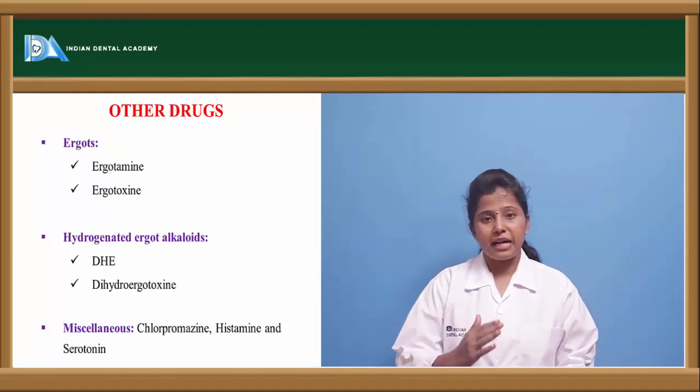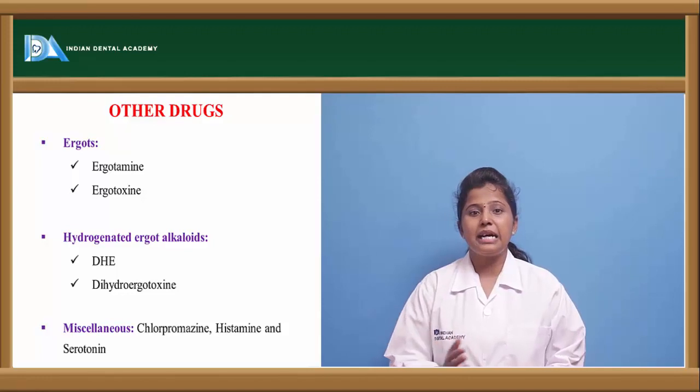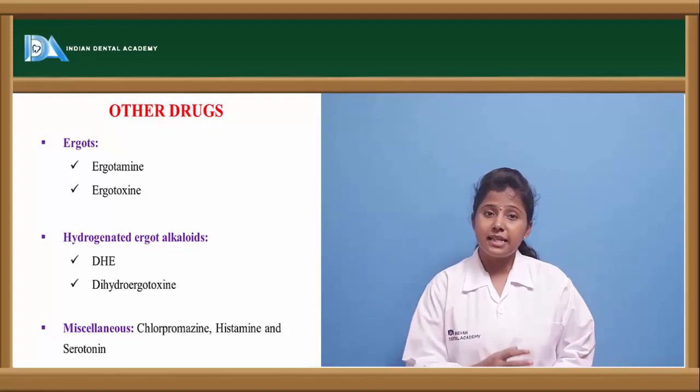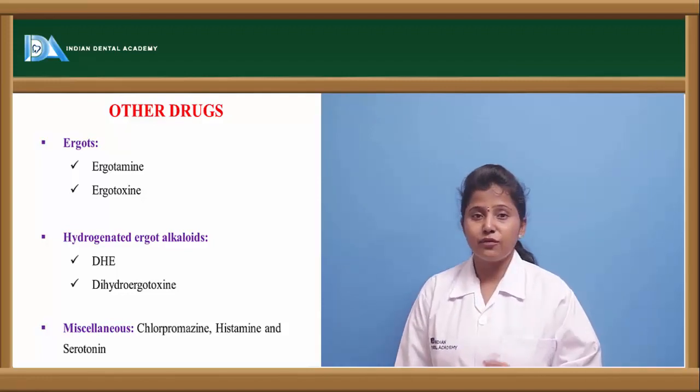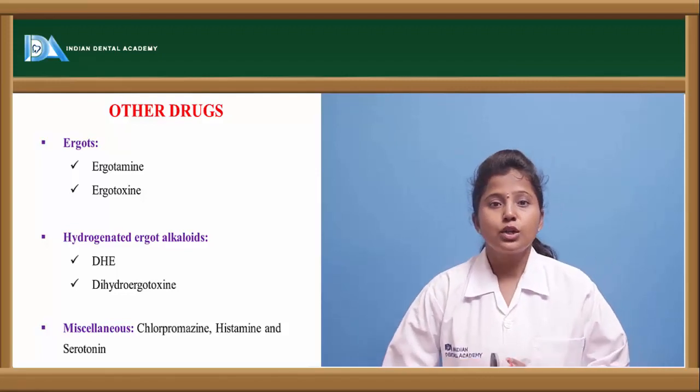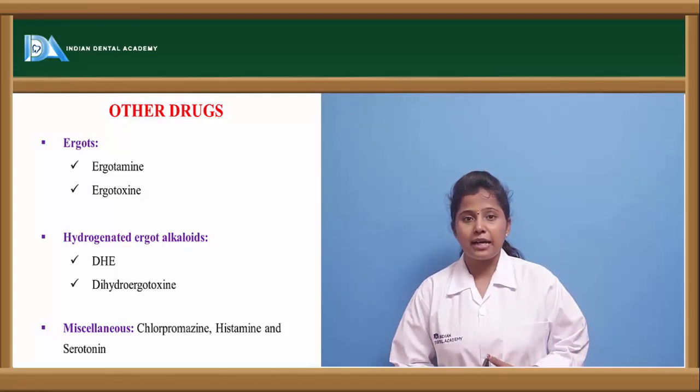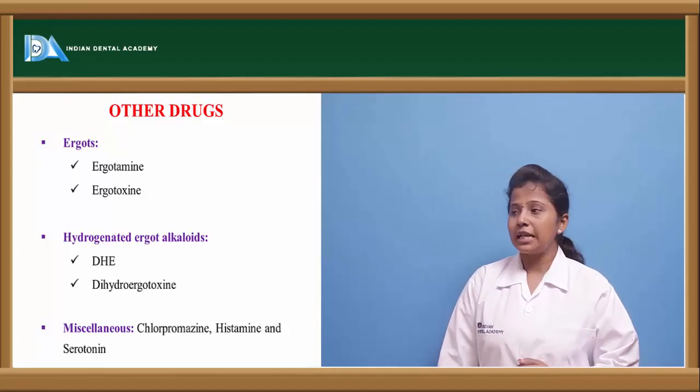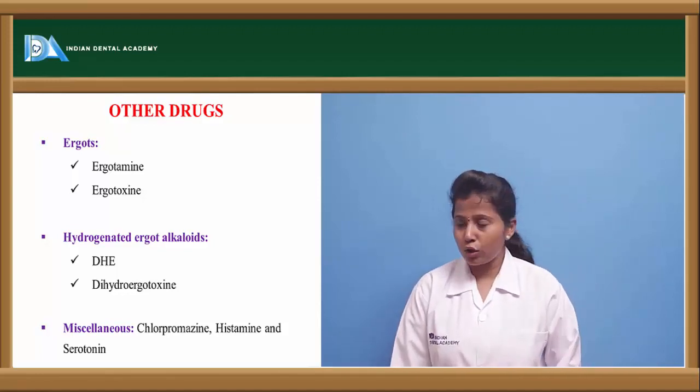So apart from alpha as well as beta adrenergic antagonists, there are other drugs which show sympatholytic action. For example, ergot alkaloids. These are plant derived alkaloids, which include ergotamine and ergotoxine.